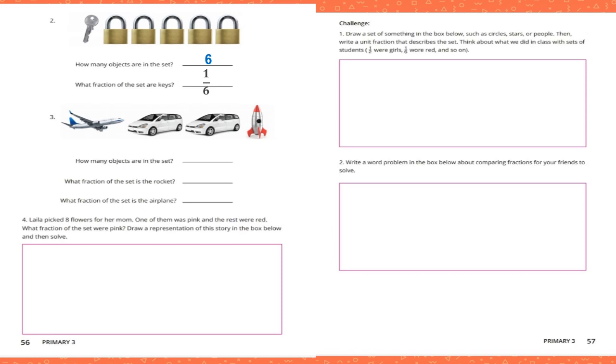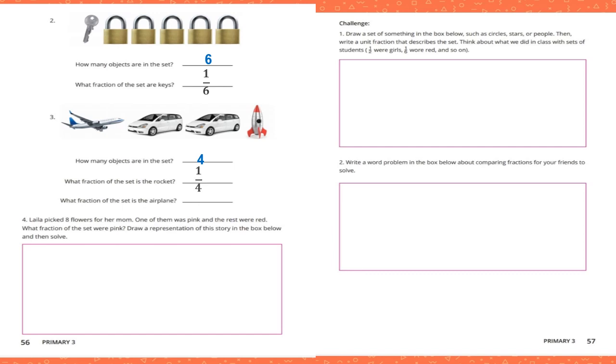Question number 3. How many objects are in this set? 1, 2, 3, 4. 4 objects. What is the fraction of the set that is the rocket? How many rockets here? This red one. One rocket out of 4 objects.